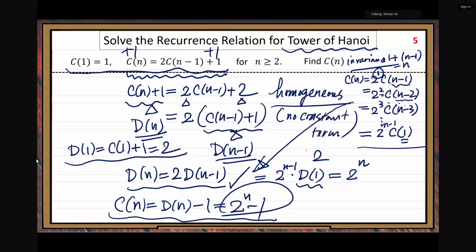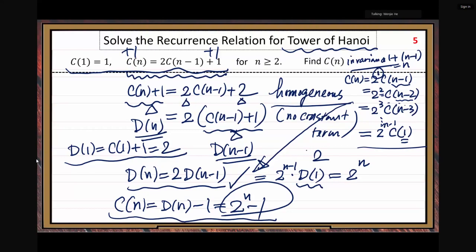If you have a constant term, we call it a non-homogeneous recurrence relation. So here, we want to solve a homogeneous recurrence relation first. If we have a non-homogeneous one, we need to convert it or consider the homogeneous version. We solve that first.